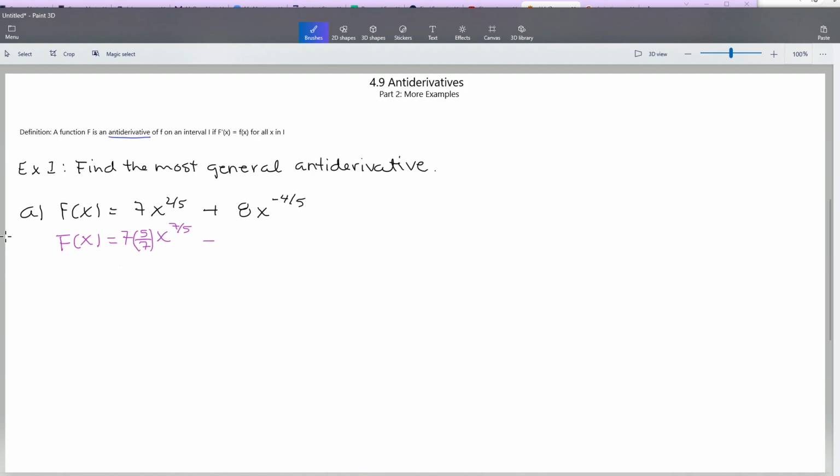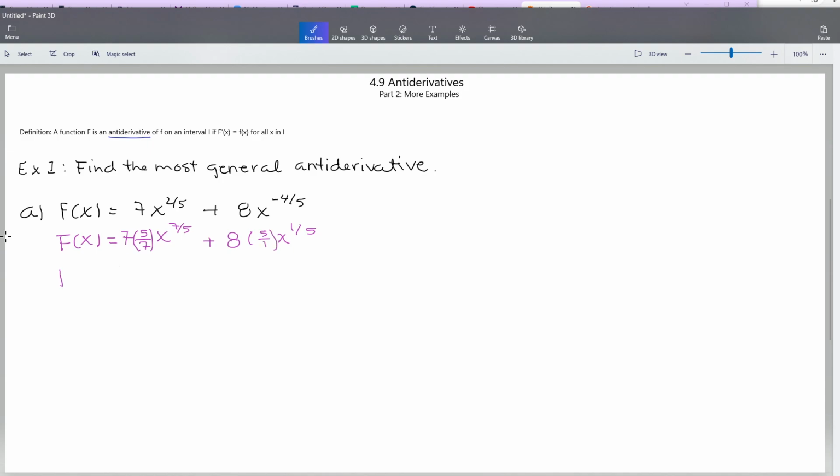Okay, and we're going to use the exact same trick here. So if we're adding 1 to the exponent, negative 4/5 plus 5/5 is 1/5. And then we want to use the reciprocal of the exponent, which would be 5 over 1.